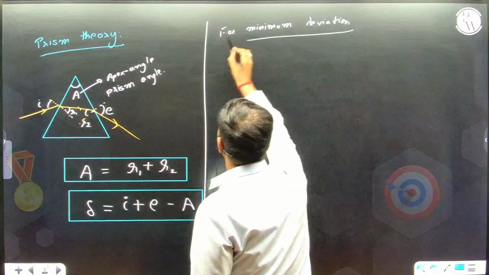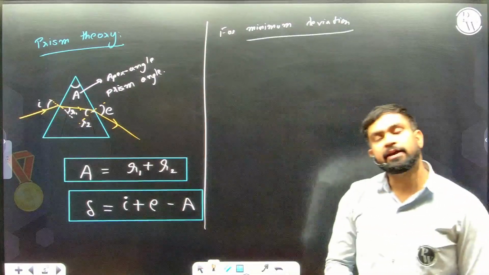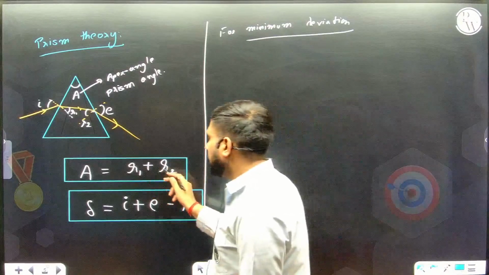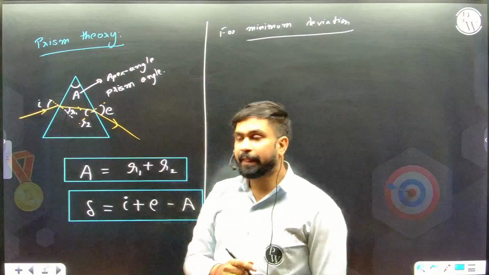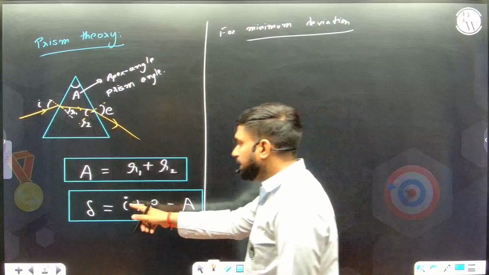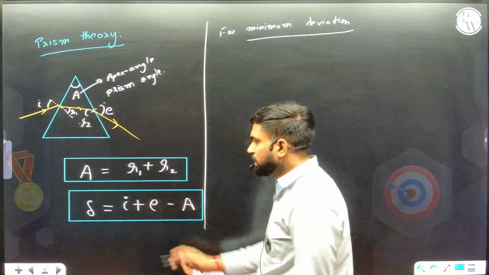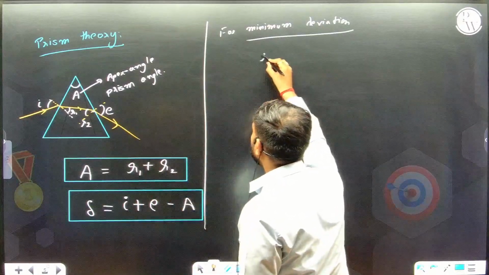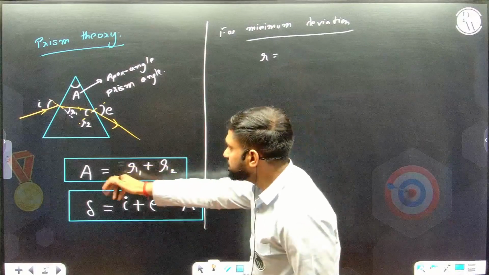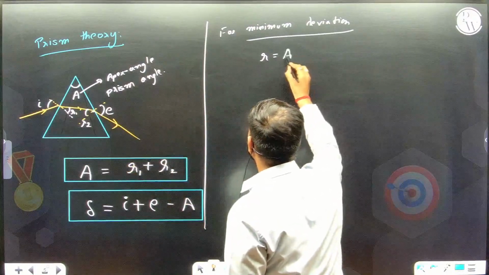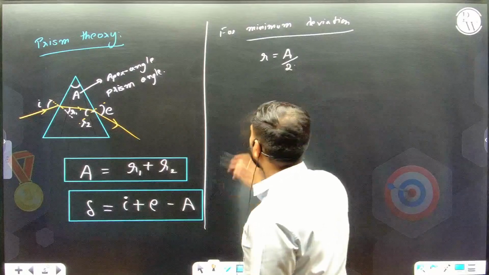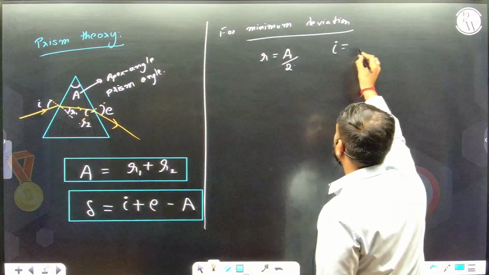For minimum deviation, angles R1 and R2 are going to be the same. If R1 and R2 are the same, then angle I and angle E will also be the same. So from this relation you can easily write that R1 = R2 = A by 2. Okay? And I is equal to E.